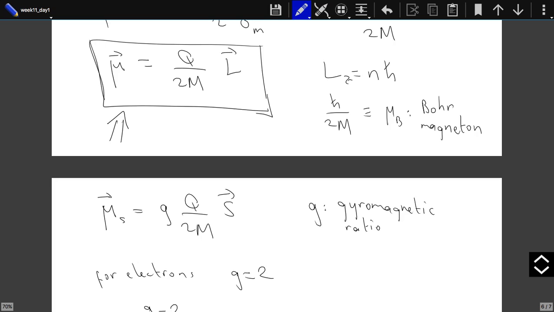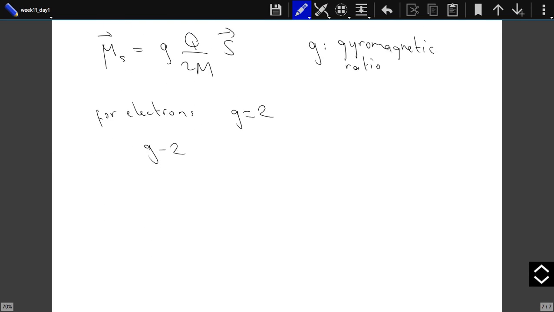This is actually the case even for the spin angular momentum that you will study later on, with some correction factor. So for an electron orbiting in hydrogen, the total magnetic dipole moment would be Q over 2m times L plus 2S.